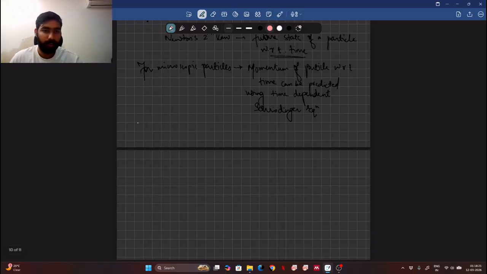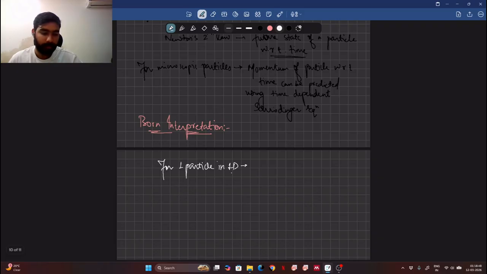Then we have the Born interpretation. What is the Born interpretation? Born states that for one particle existing in one dimension, the probability of finding that particle is the square of the wave function with respect to x.